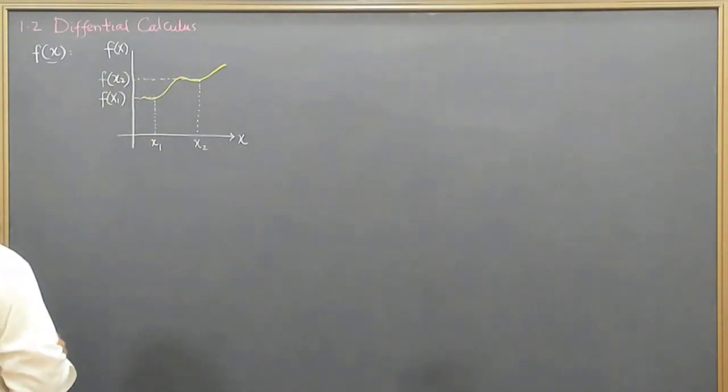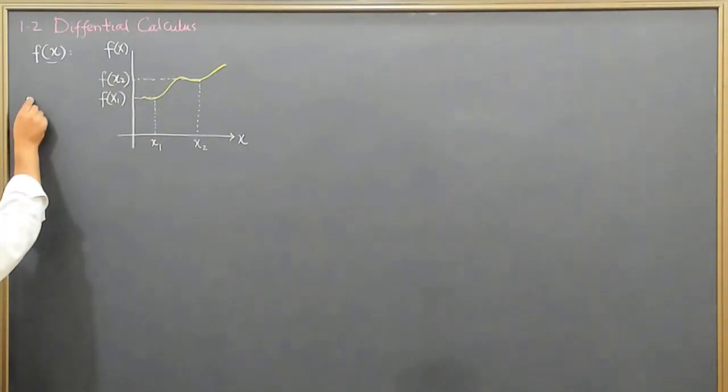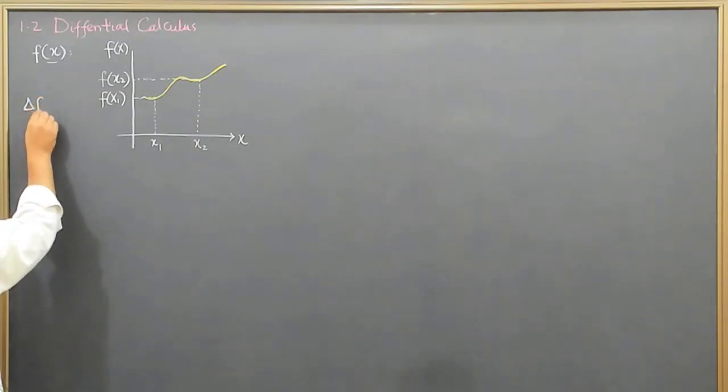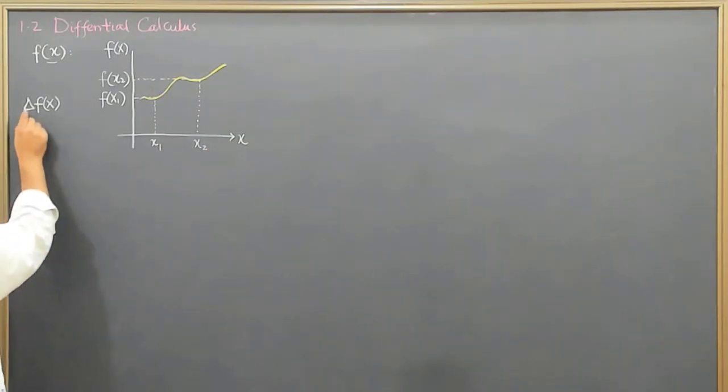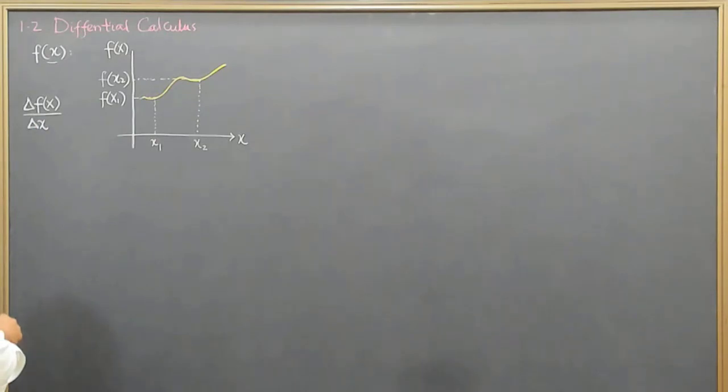Now if I want to find the change in a function, then delta f of x is the change in the function, while the change in the variable is delta x.